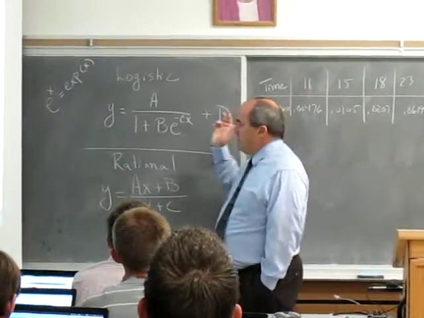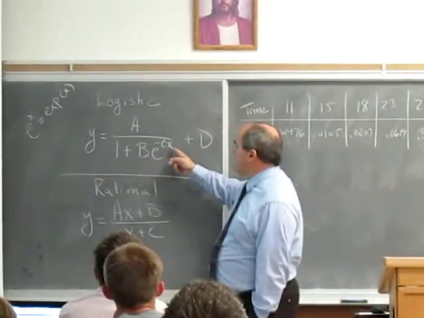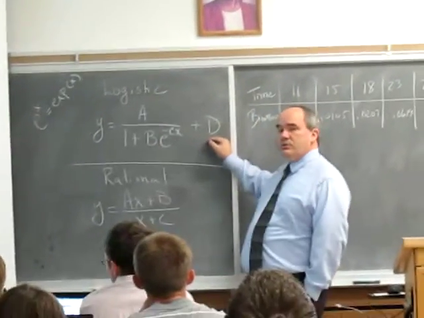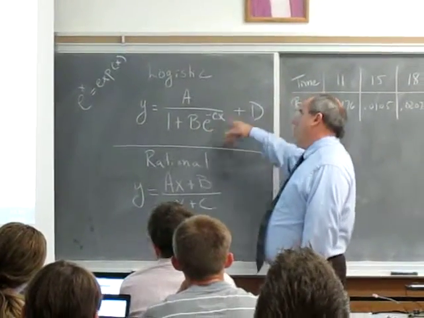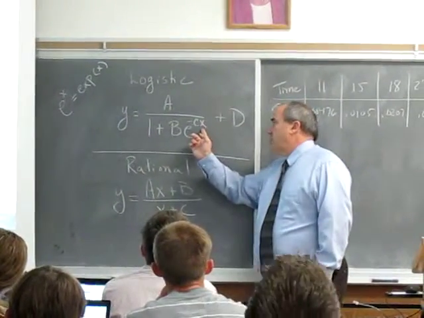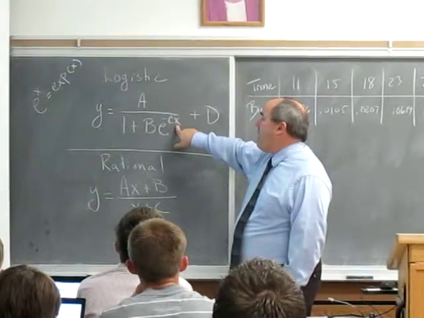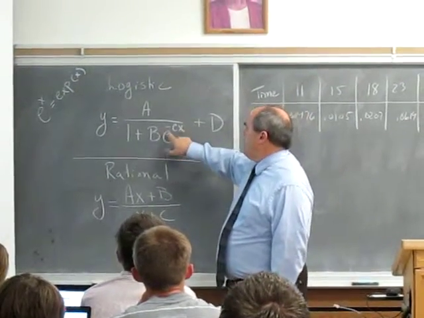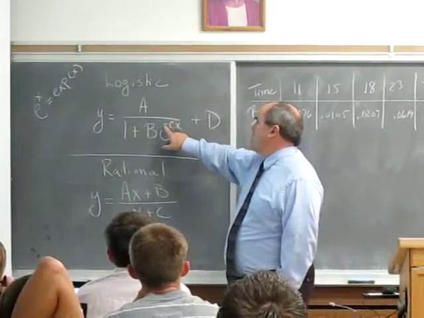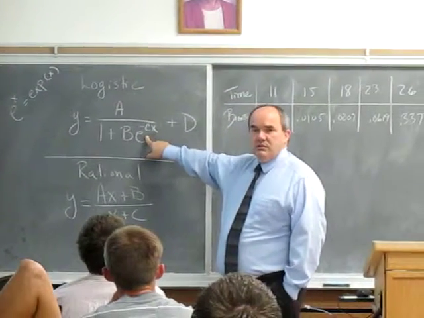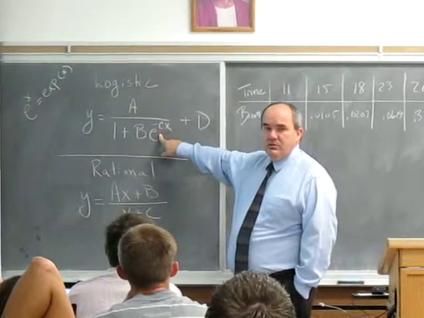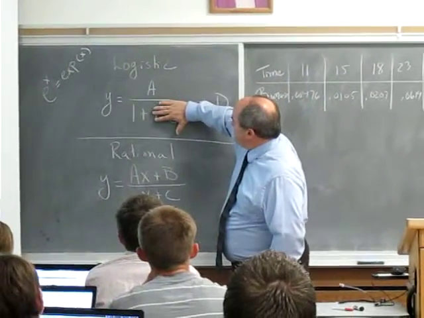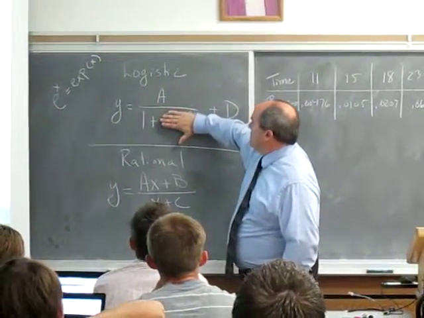So I have a horizontal asymptote as x goes off to negative infinity, because I just get closer and closer to d. On the other hand, as x gets very large in the positive direction, I get e raised to large negative numbers, which makes it close to 0. So this part's going to be 0, and what am I going to be left with?